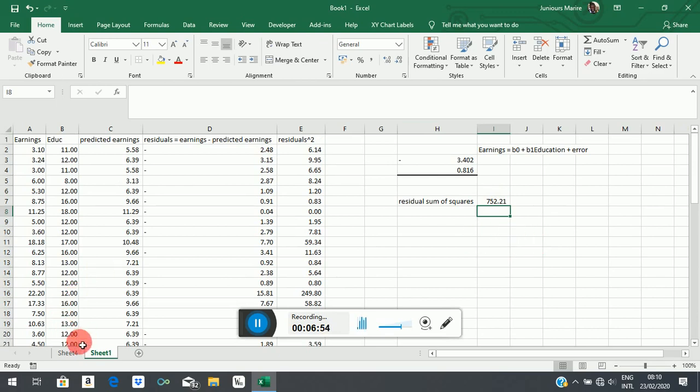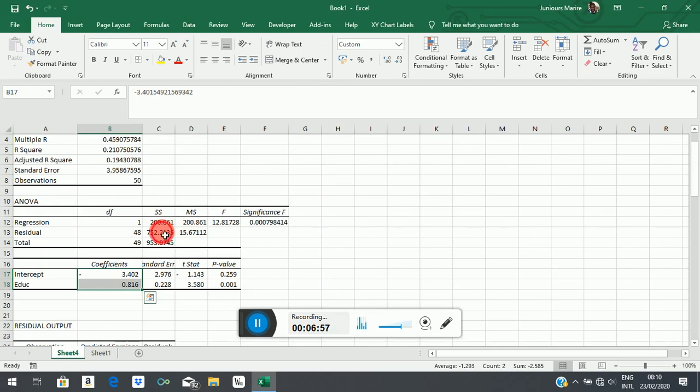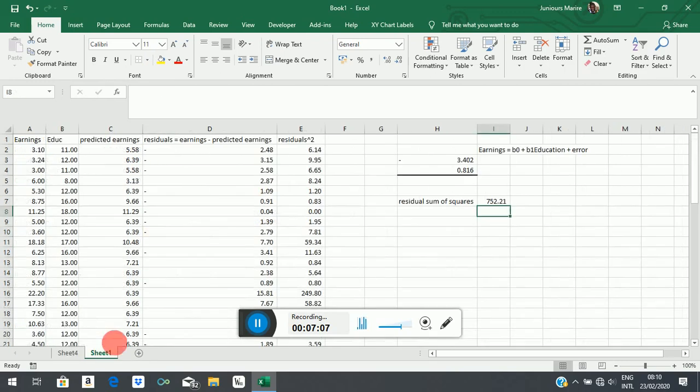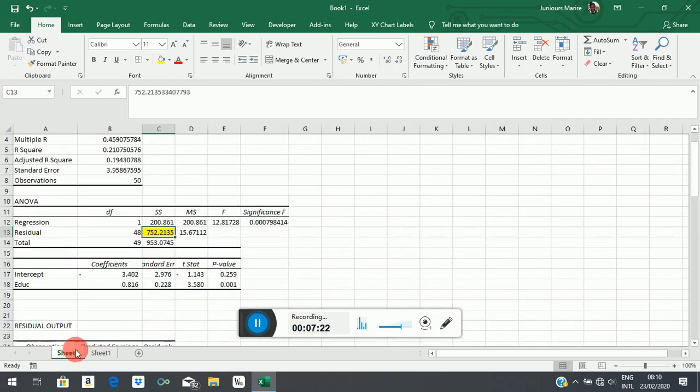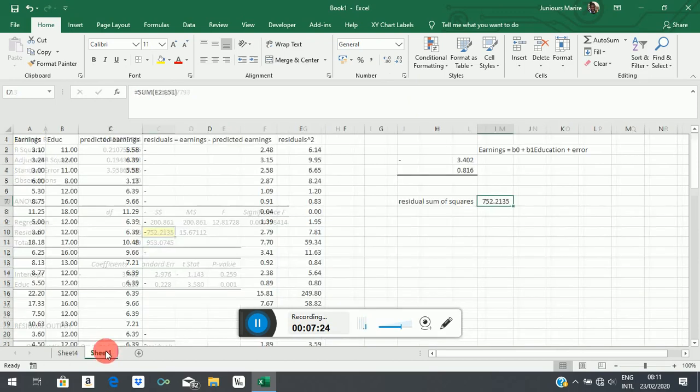Now if you come to your regression, you will see that this is the number you see here. That's your residual sum of squares, 752.2135. Just because of rounding off, we have 0.21 whatever. If I were to increase this to 4 decimal places, you see it's 0.2135, which is exactly what you have there.